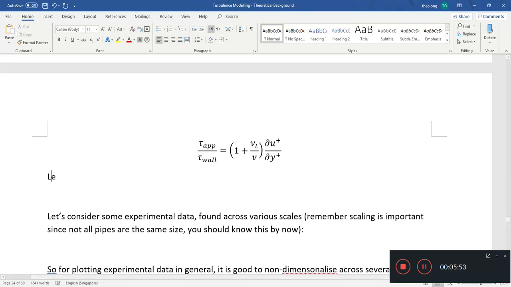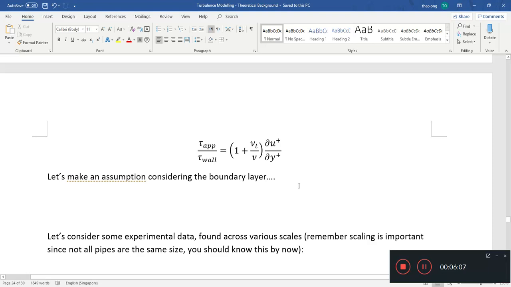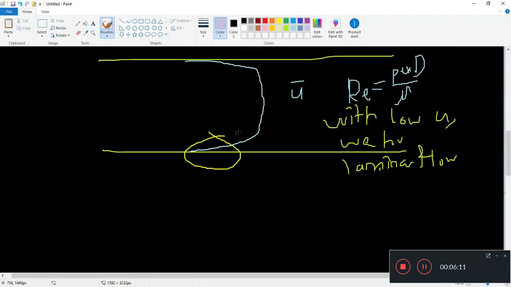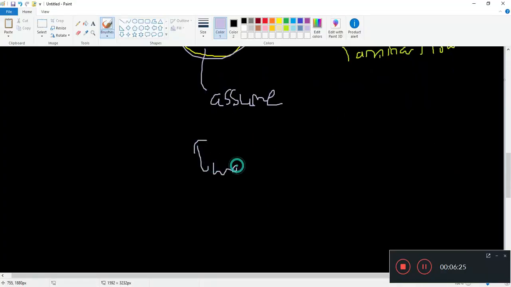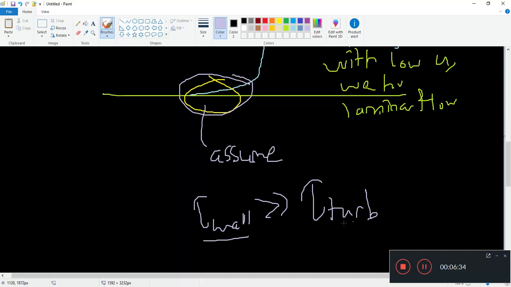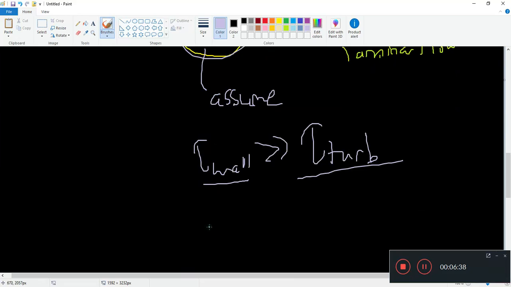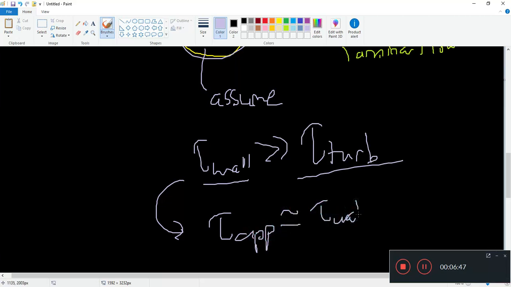So let's make an assumption. Considering the boundary layer, we just assume this: tau wall is much greater than tau turbulent, meaning to say that the wall shear stress is much greater than the turbulent shear stress, which means that tau apparent is approximately equal to tau wall, because the effect of turbulent shear stress compared to everything is not very big.